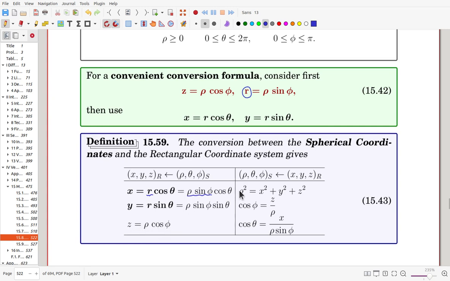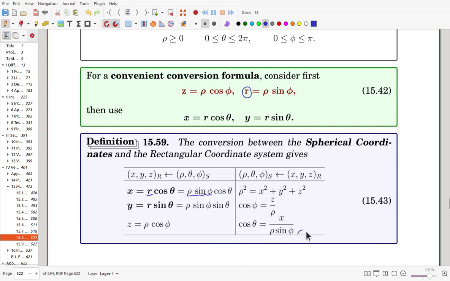If you find rho, you can get this quantity, so you can decide phi. And from the first equation, once rho and phi are decided, you may divide both sides by this term so that you can get cosine theta is x over rho sine phi.